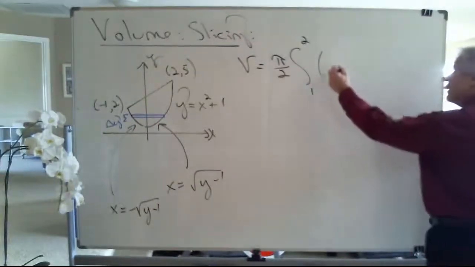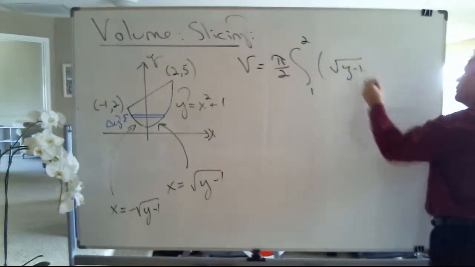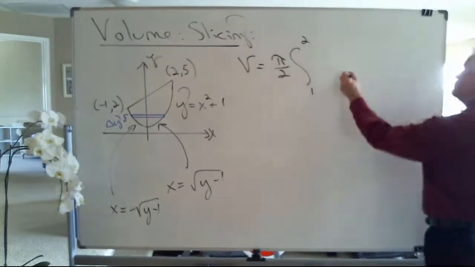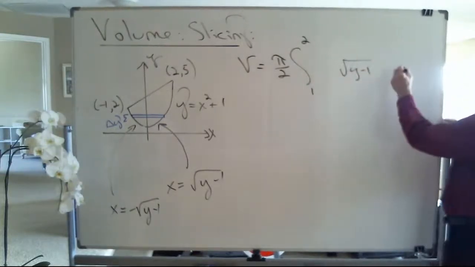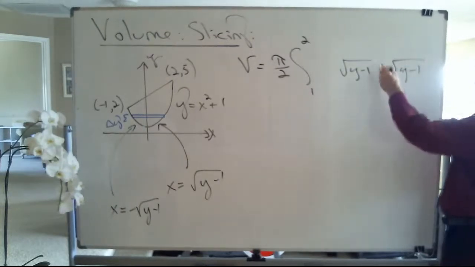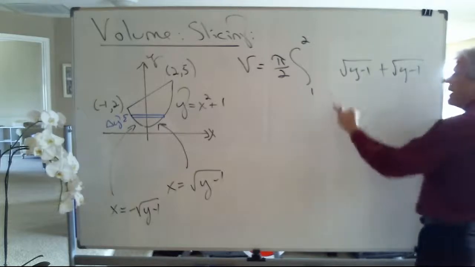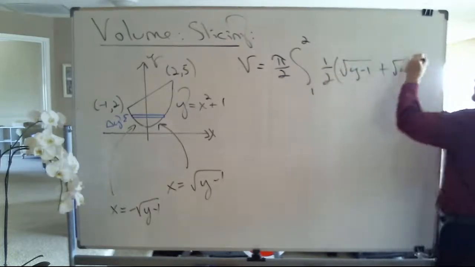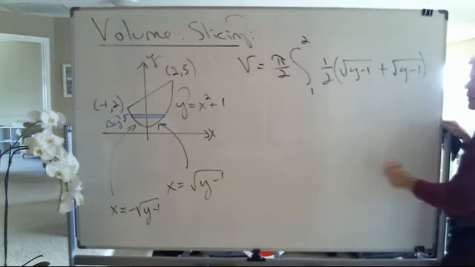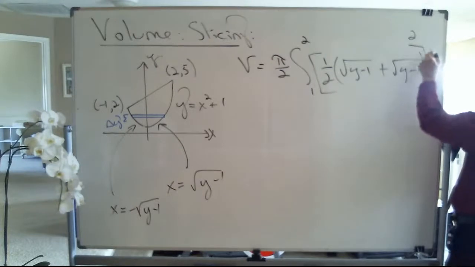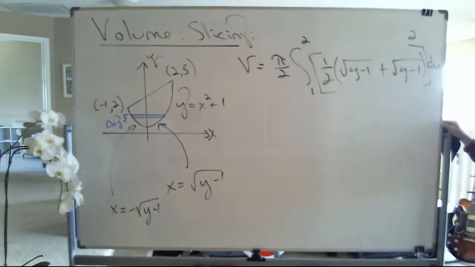Well, here's a large one. Here's a small one. And if I subtract them, then that'll give me the diameter of the semicircle. So I'll cut that in half. This will be the radius, and that is what's being squared. And we're integrating with respect to the variable y.